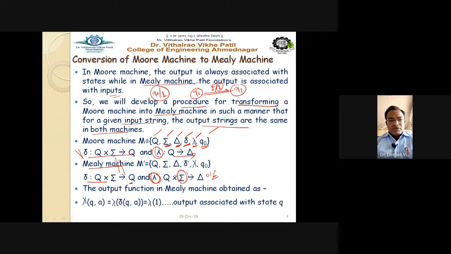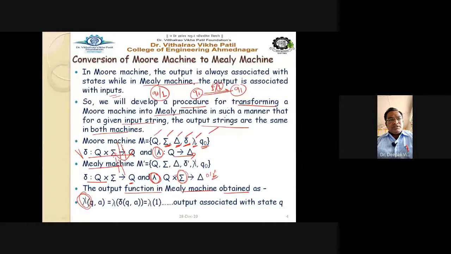So while converting this Moore machine to the Mealy machine, what we have to find out is this lambda dash function, the output function. And how to find out this lambda dash function?